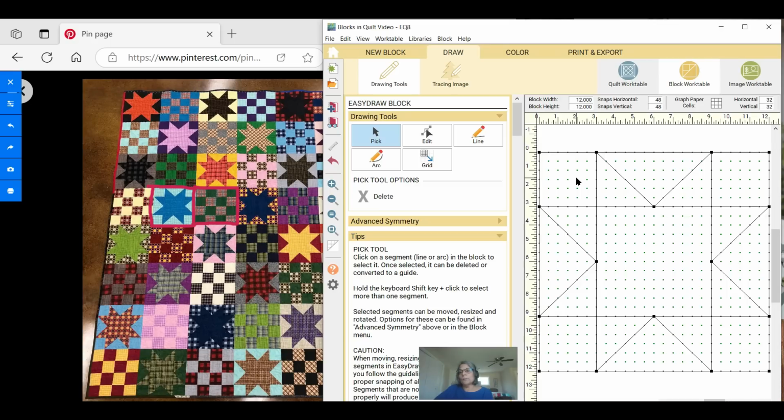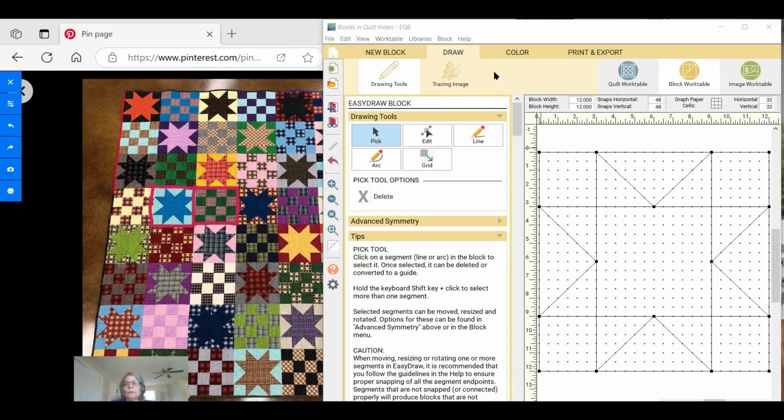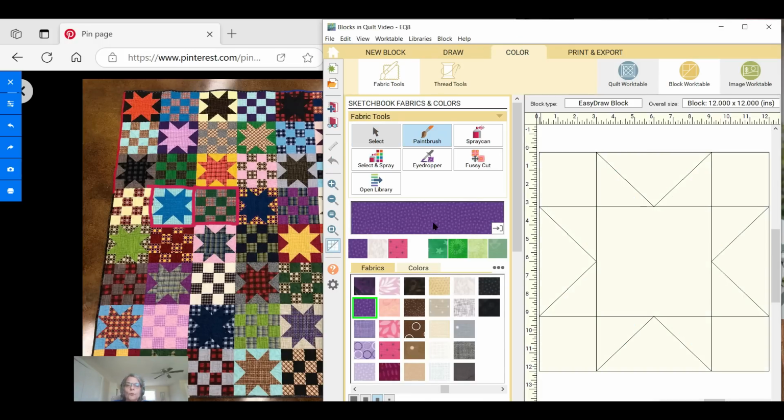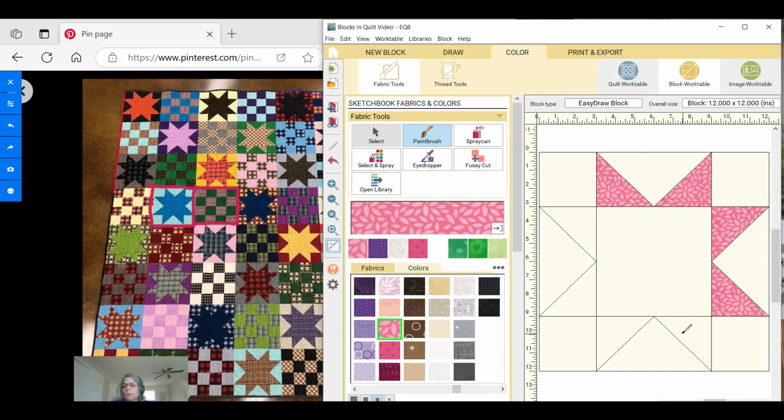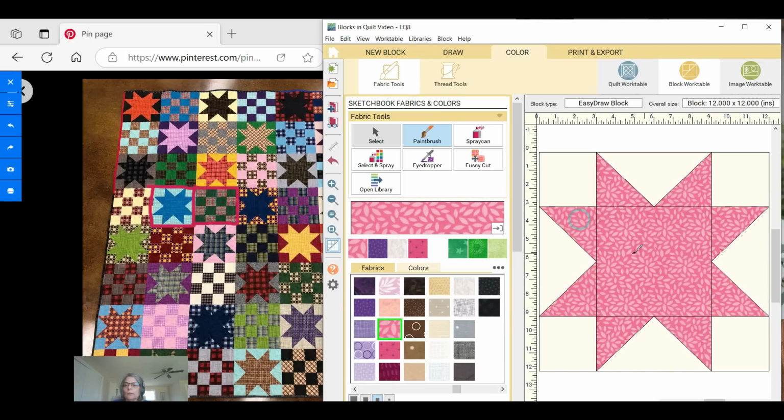In this block, you'll have 4 small squares in the corners. You'll have 1 large square in the center, and you'll have 4 flying geese units, or if you prefer, you'll have 8 half-square triangle units. I want to go ahead and color this for you because I realized I didn't color it. So you just put your fabrics in like this.